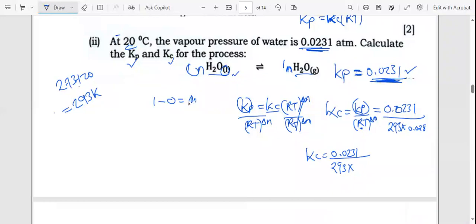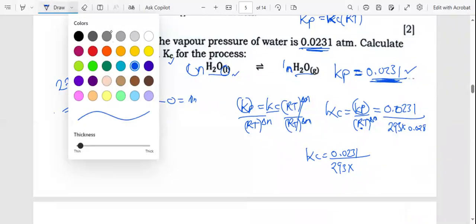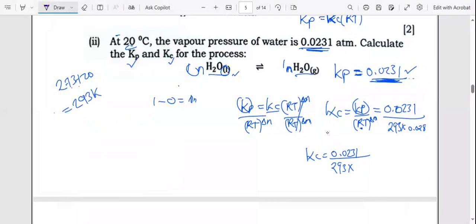Let me just change the pen, the color. Okay, so that's the change in moles that I'll put. Anyway, I've forgotten.